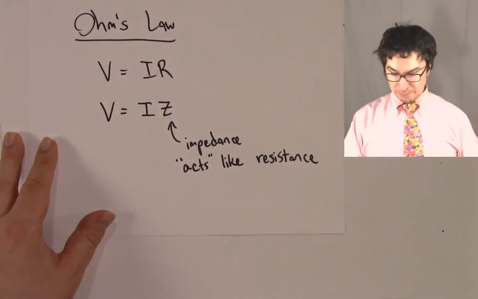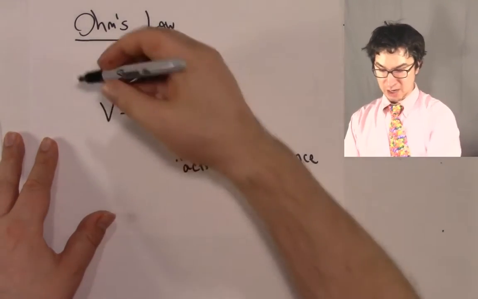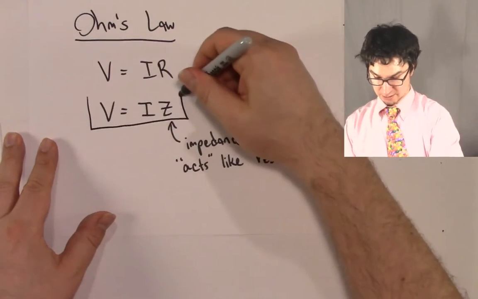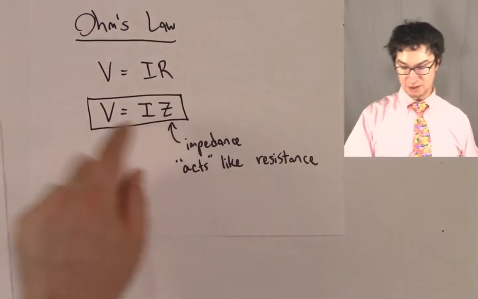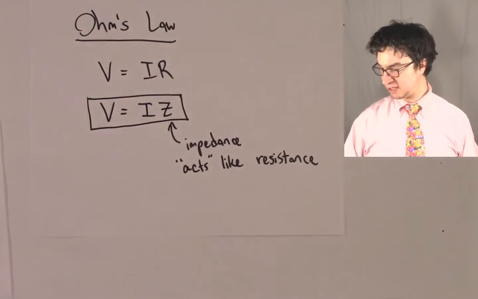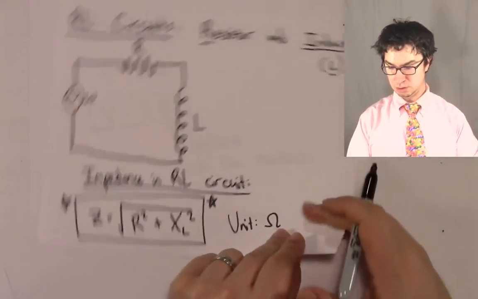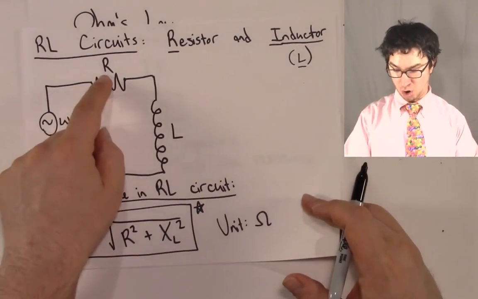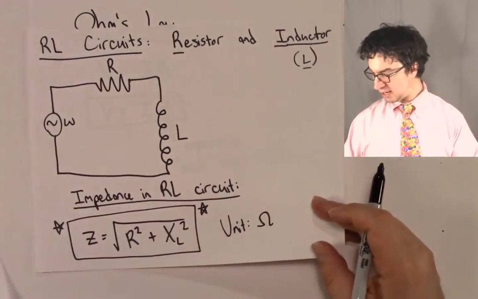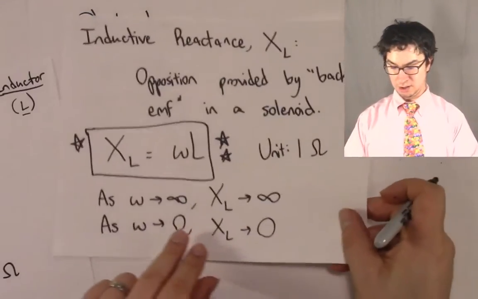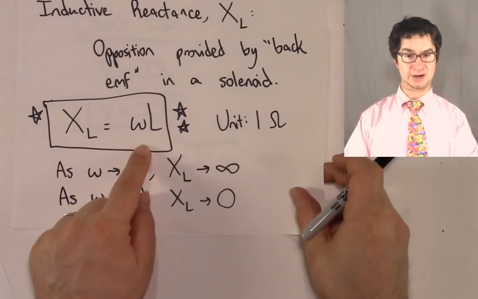And it's very important for us to remember that this equation is the one that we need. If they give us a whole bunch of quantities, let's say they give us omega, R, and L, we might have to calculate the inductive reactance.